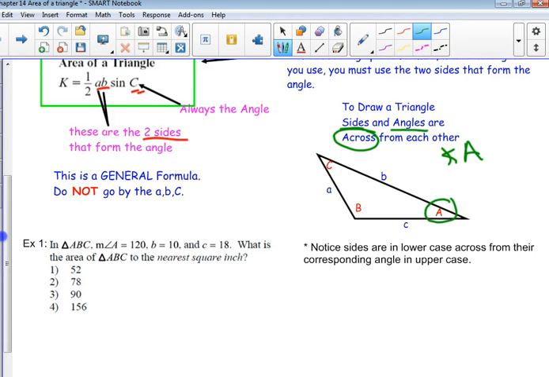So this is angle A. Side A is going to be lowercase, and it's going to go directly across from the angle. The same thing's going to happen with angle B and side B. Angle C, side C. You've done this before, but just in case.